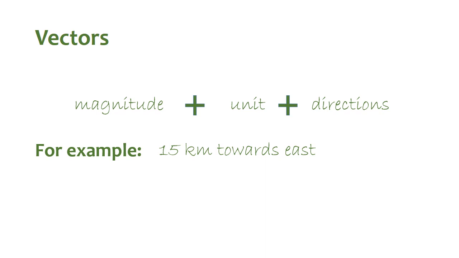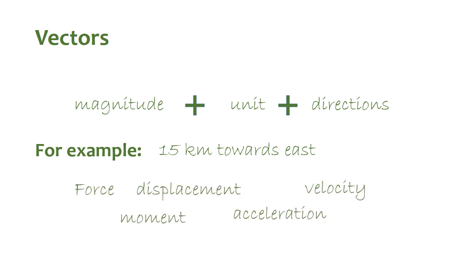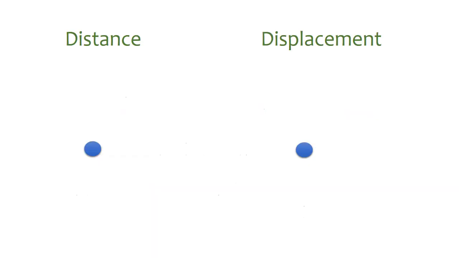Here 15 gives you the magnitude, kilometer gives you the unit, and towards east gives you the direction. Other examples are force, displacement, velocity, momentum, and acceleration. You can add more examples which need direction for the description.